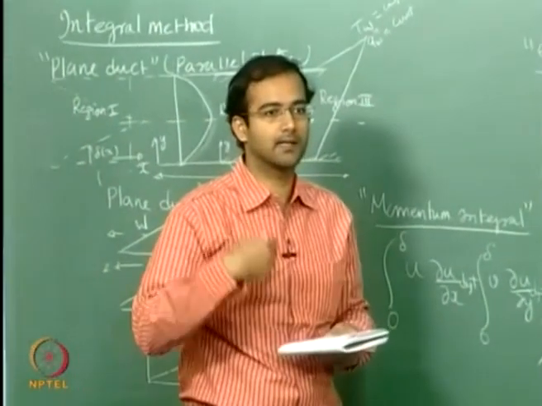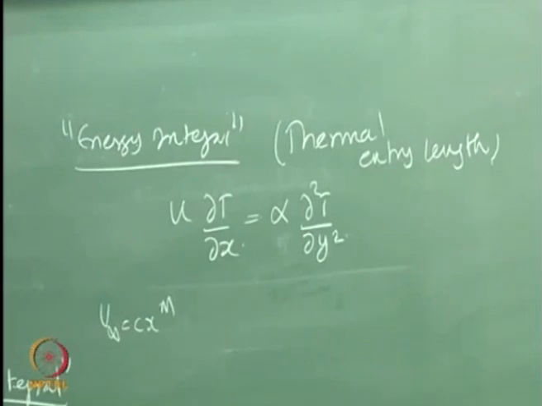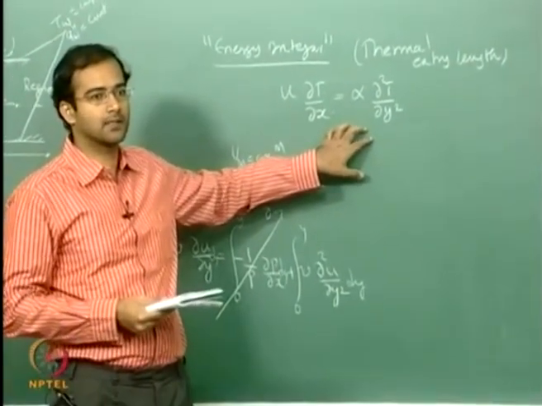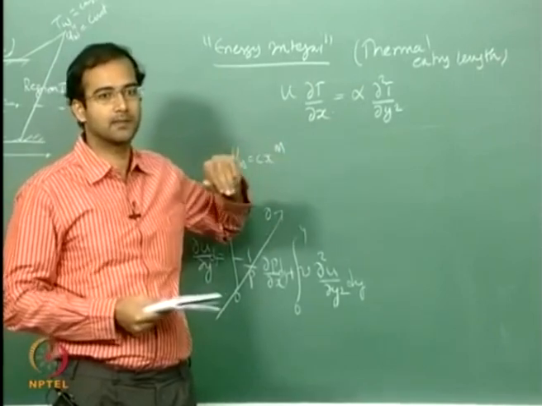In the classes we were doing this for cylindrical coordinate system for the case of circular duct. Right now we are looking at only Cartesian coordinate system, that is for plane ducts.